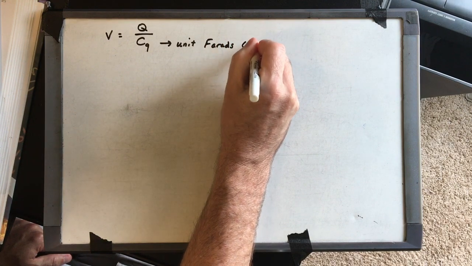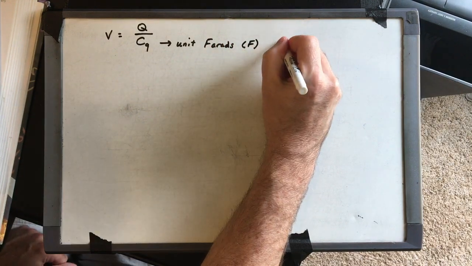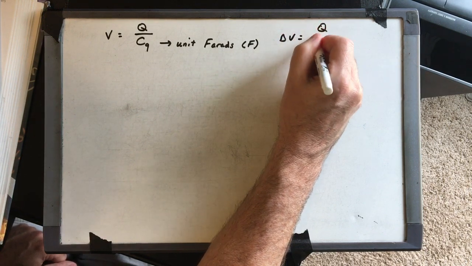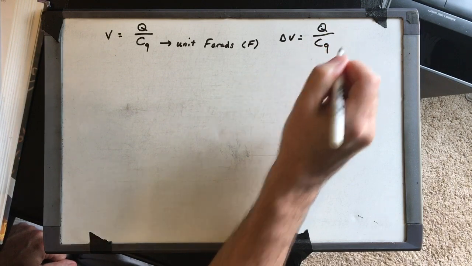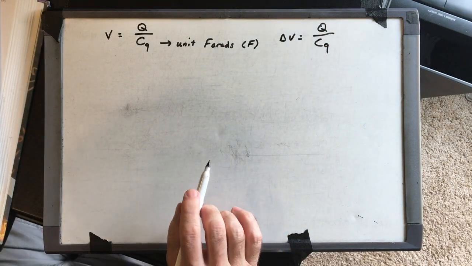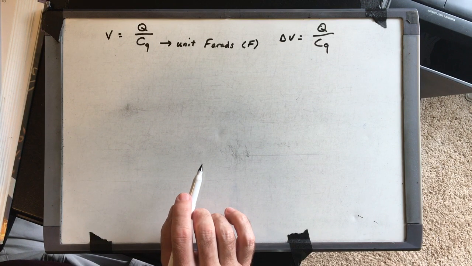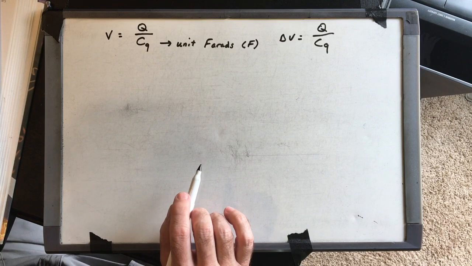So we just use an F. And you can also have the change in voltage is equal to Q over C. That's the one we'll use most. Okay, so we've got a bullet list up at the top of your notes that tells you what each of those means, and you already know, honestly, what they all mean.